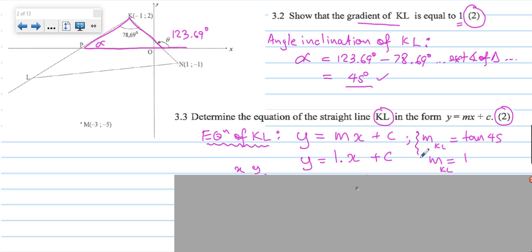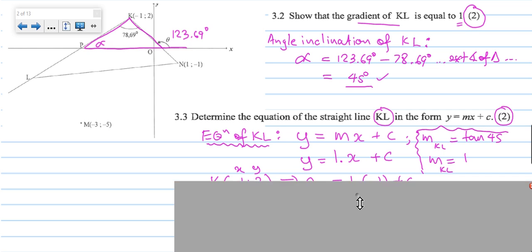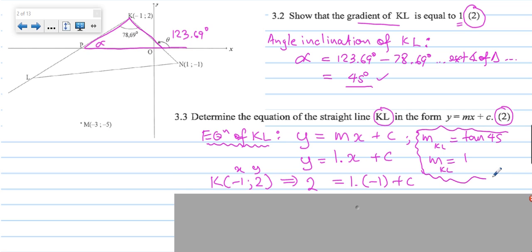This must be included in your solution to tell the examiner that you calculated the gradient of KL. So therefore y is equal to 1x plus c. Now we need to find c. Look at the given point K, which is (-1; 2). Write it down like this: K, -1 and 2, x and y.